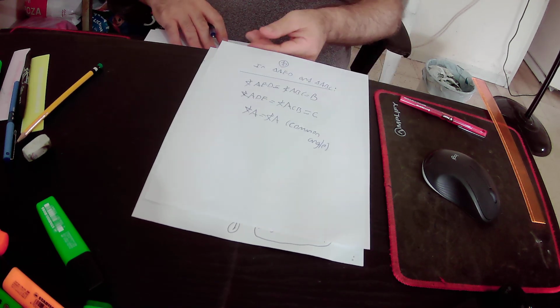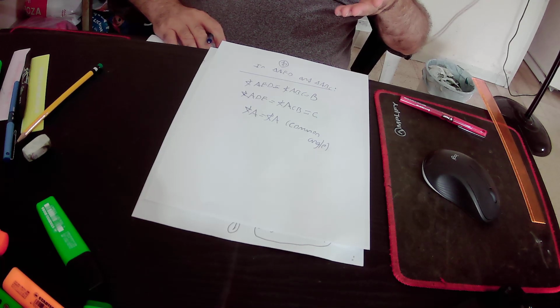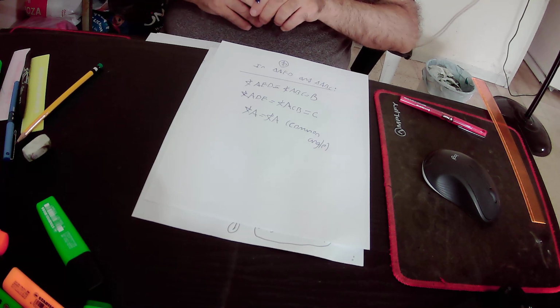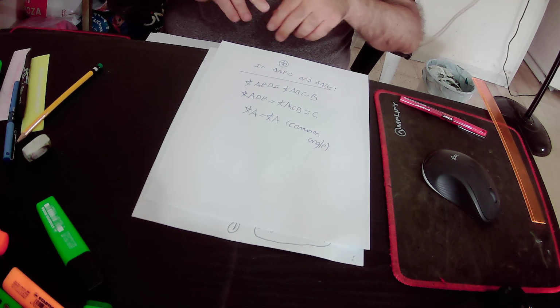Again, we actually proved that all the three angles of triangle ABC are equal to all the angles of triangle AED. Therefore, we actually proved that triangle ABC is similar to triangle AED.